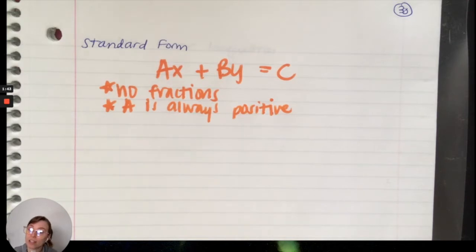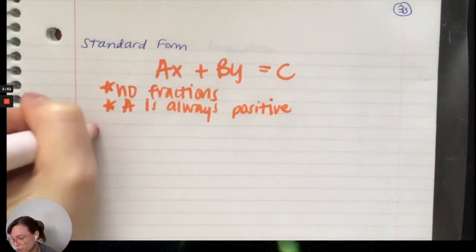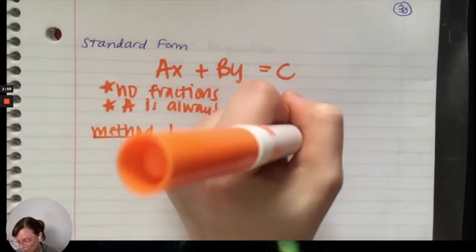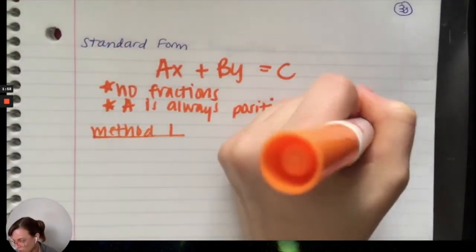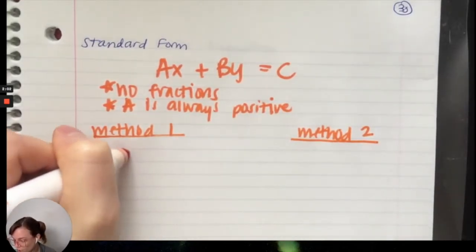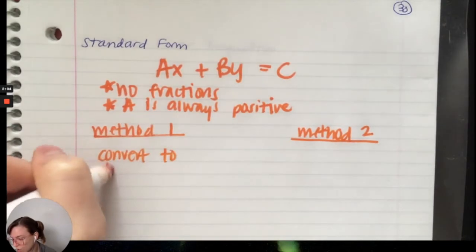But for now, when you're given something in standard form, how would you graph it? That's what we are going to work on today, graphing standard form in 2 different methods. So we are going to have method 1, and method 2. Overall, method 1 is to convert to slope-intercept form.